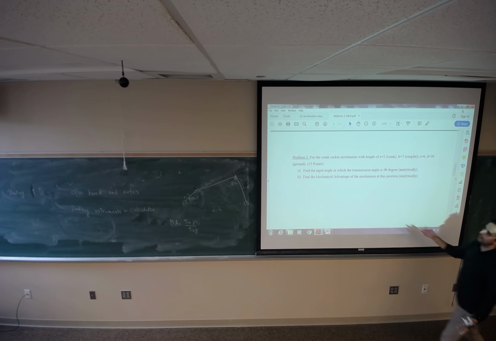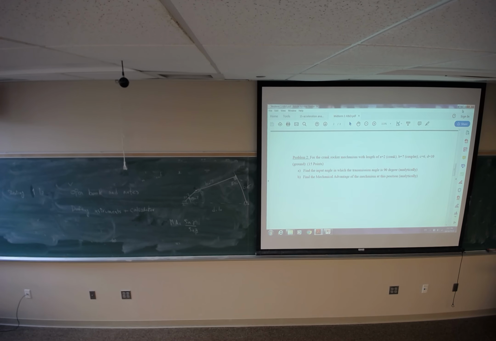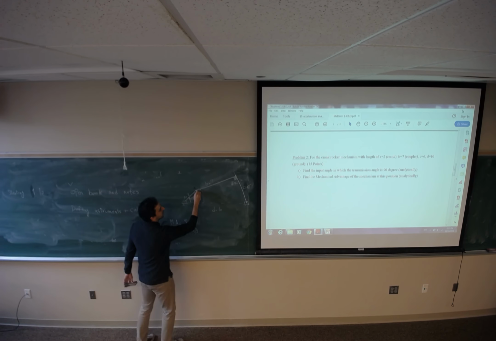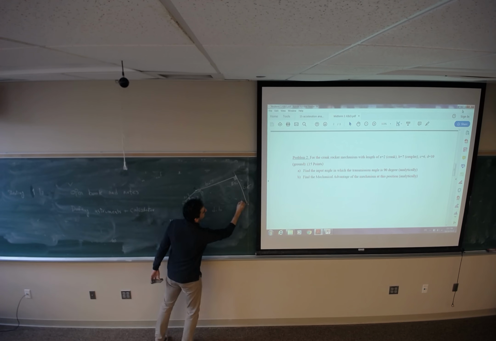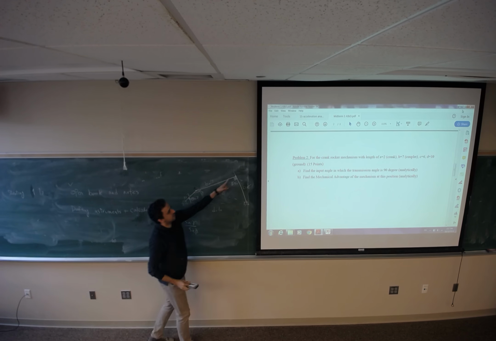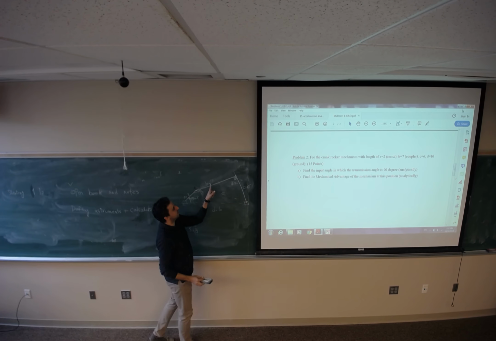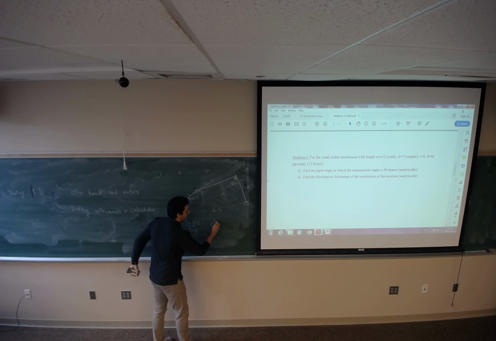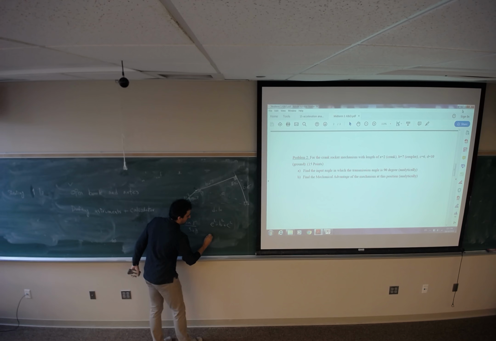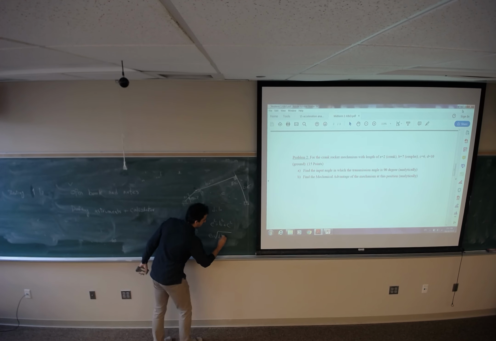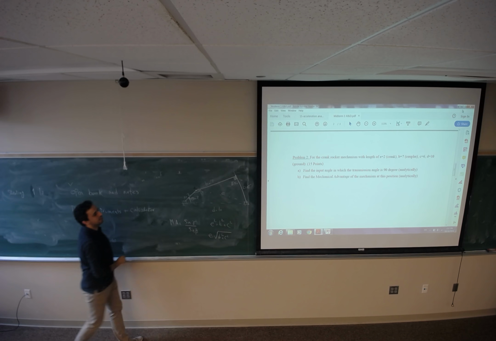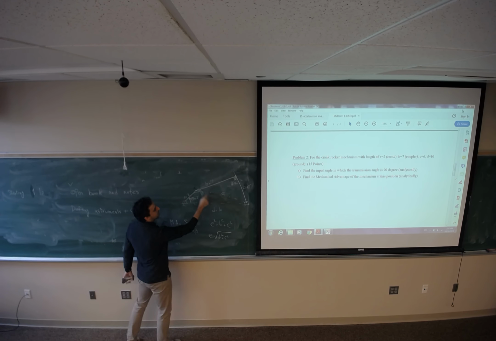But for the first part, find the input angle at which the transmission angle is 90 degrees. We are just using the cosine rule. Just connect these two points and label this as E. In this triangle, find the length of E, which is going to be B squared plus C squared. B is 7, C is 6, you can find E. Now in this triangle, write the cosine rule for theta.